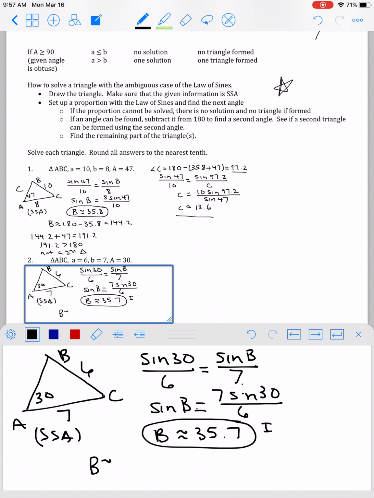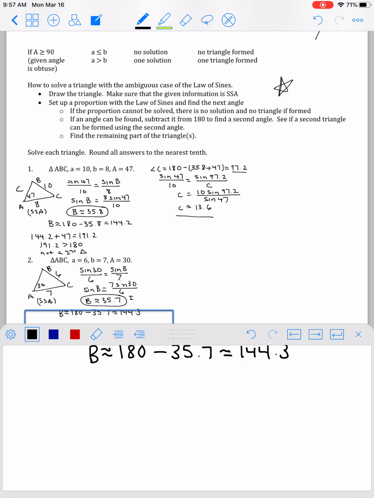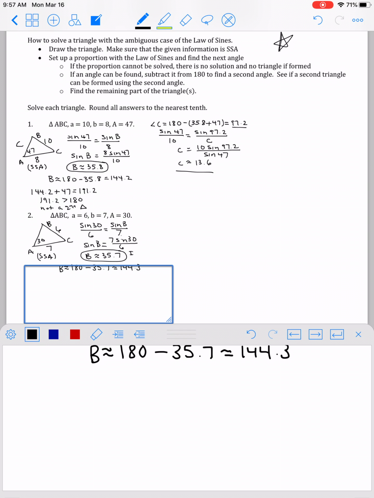So B is approximately 180 minus 35.7, which is approximately 144.3. Now we have to see if 144.3 plus 30 is less than 180.